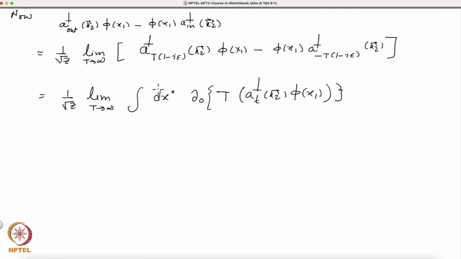So I again do that same trick of taking the derivative and then killing the derivative by the integral, but then I ensure that the time order is taken care of, and I put T, which is the time ordering operator, which tells you to keep the operators at lower times to the right and operators at larger times to the left. That's all it tells you, and then you take the integral and put these limits.